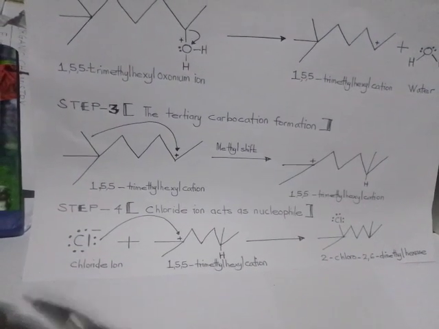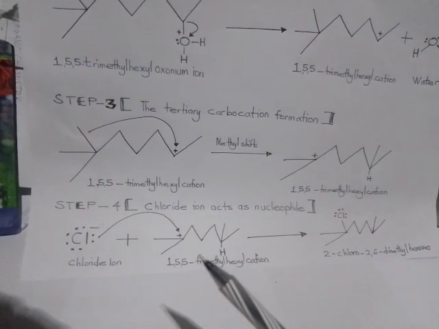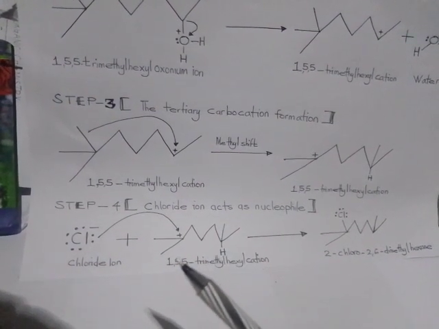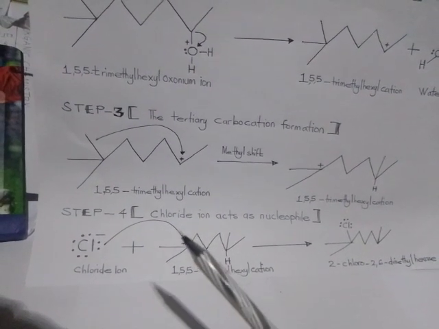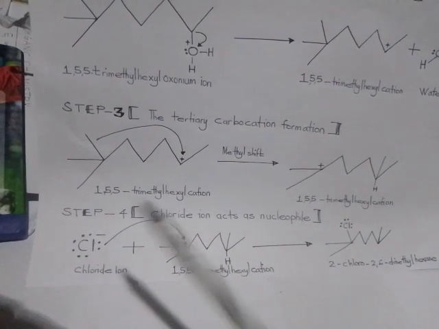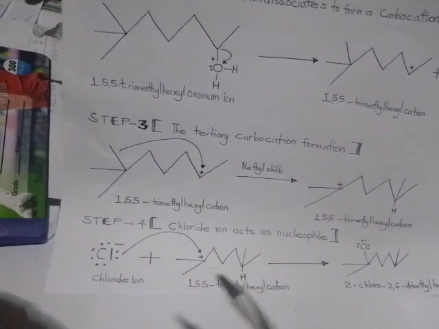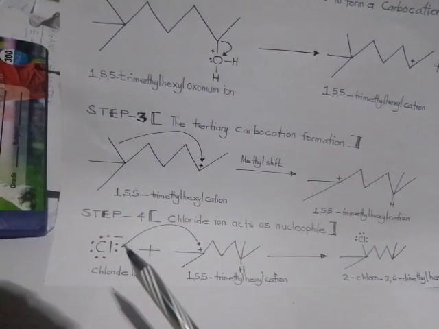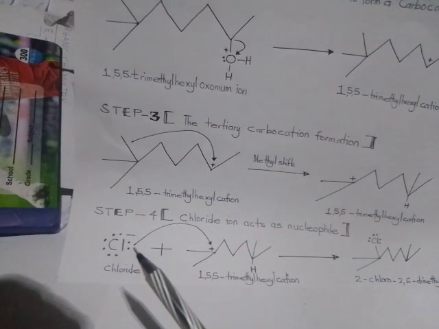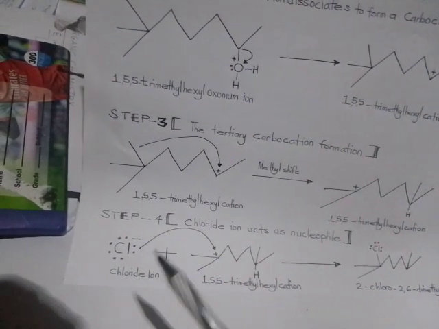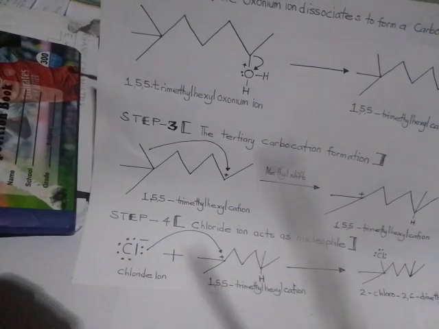Considering that this 1,5,5 trimethyl hexyl cation is accepting an electron pair, we can categorize it as a Lewis acid, and considering that this chloride ion is donating an electron pair, we can call it a Lewis base.